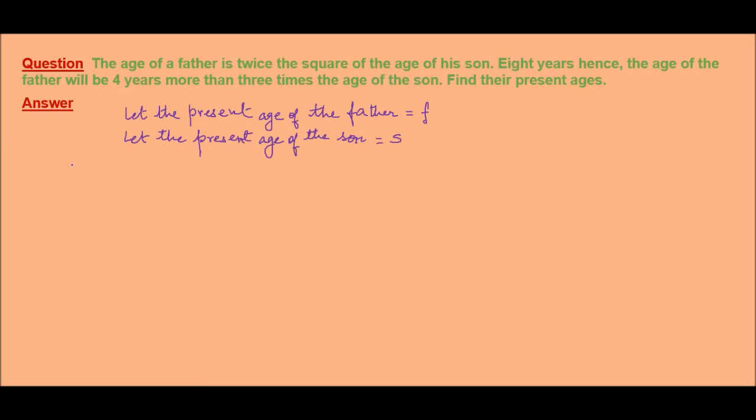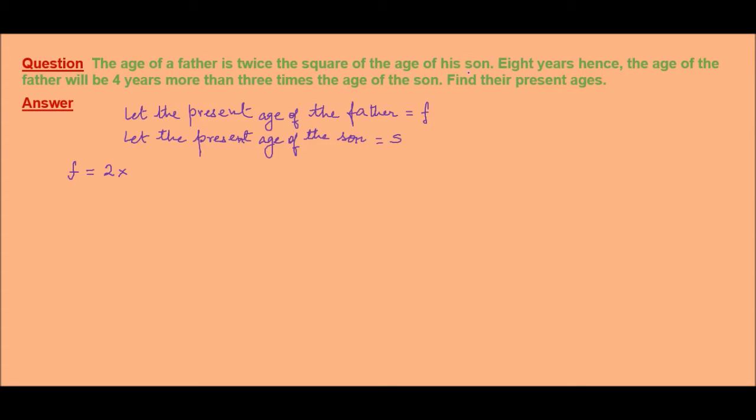We have taken the present age of the father to be equal to f, so we write f. Is stands for equal to. So, f is equal to twice. Twice means 2 times or 2 multiplied by something. So we write 2 times.